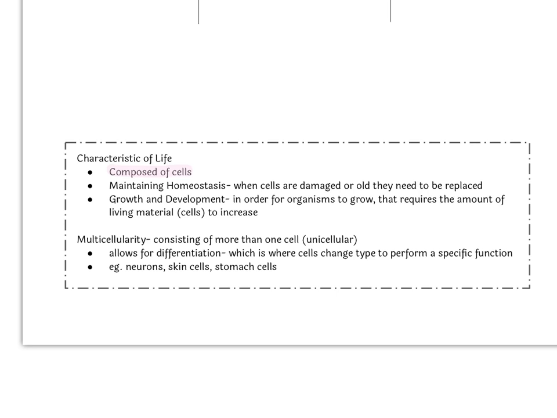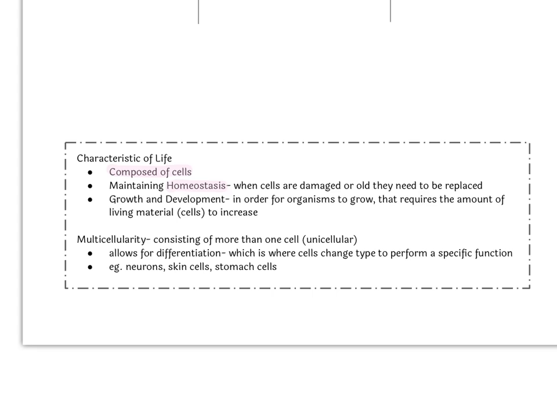So the second way it relates back to the characteristics of life is that the cell cycle helps maintain homeostasis. Remember, homeostasis was just the constant internal environment that organisms try to keep, especially even cells.